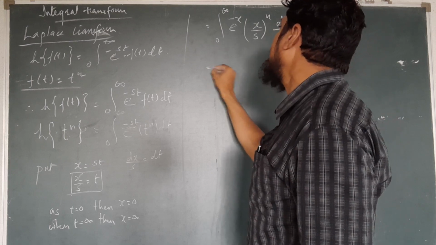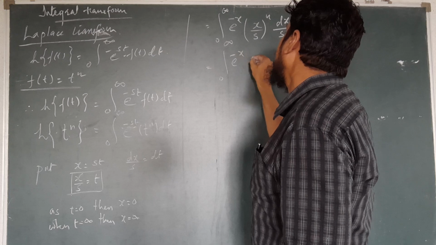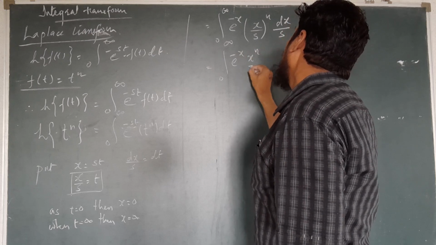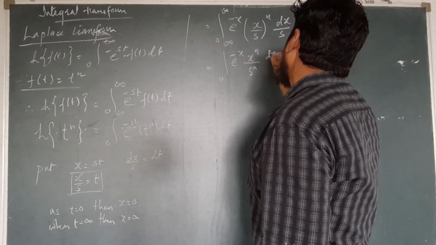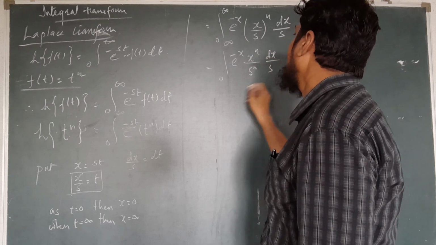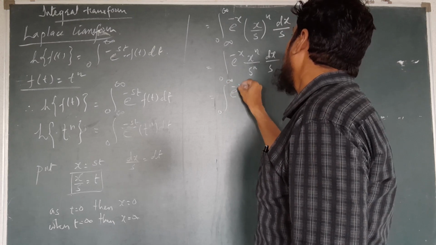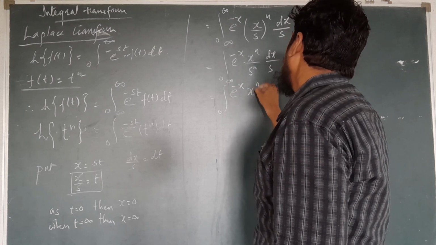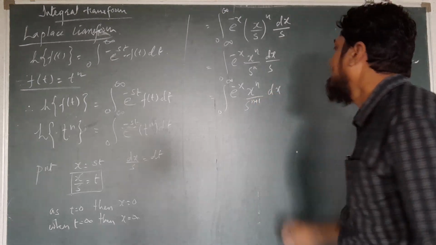So we can write it as integration from 0 to infinity e raised to minus x, x raised to n, s raised to n, dx upon s. This s raised to n into s is s raised to n plus 1, with e raised to minus x, x raised to n dx.